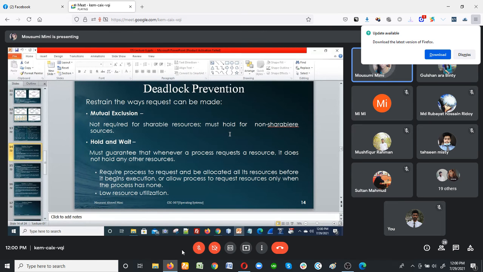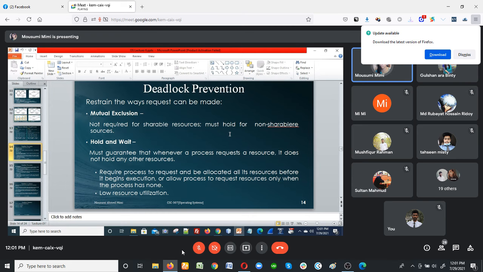While your friend reads, you hold and wait. You wait until your friend completes reading the book, and after that you get the opportunity to read it. That is called hold and wait.